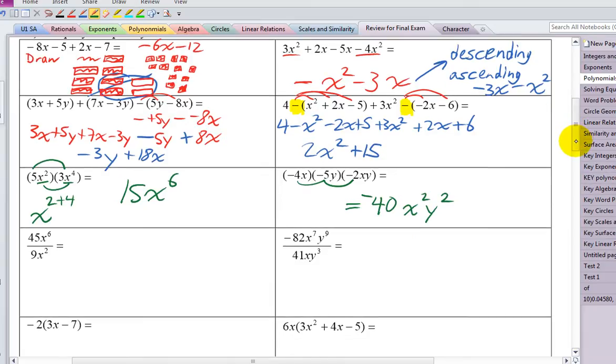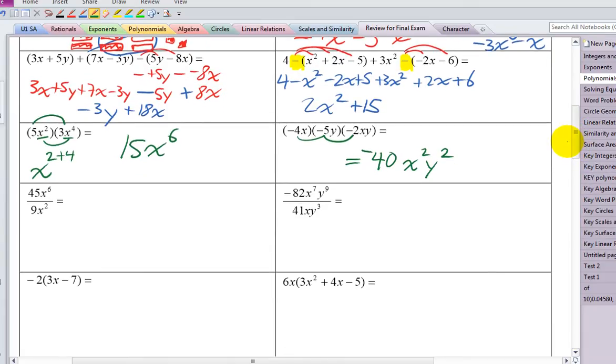Okay. All right. What about when we divide? What do we do with our coefficients? Divide our coefficients. What do we do with our exponents? Minus them. Okay, go ahead, do this one. 5x4, hands up if you got that.